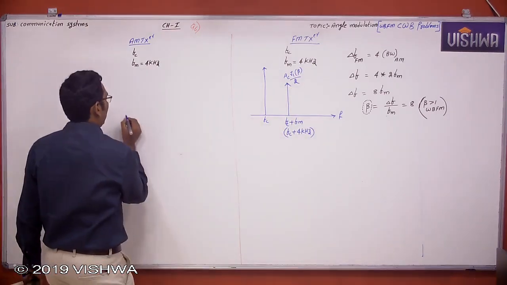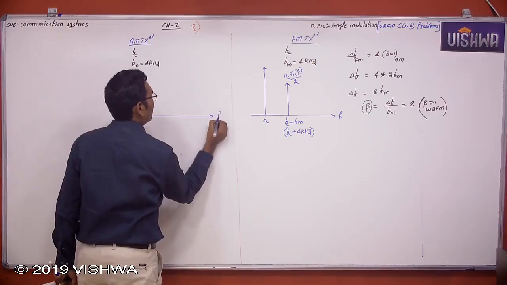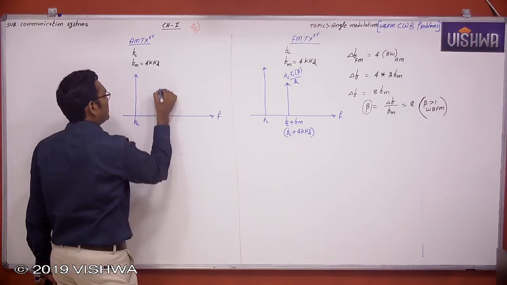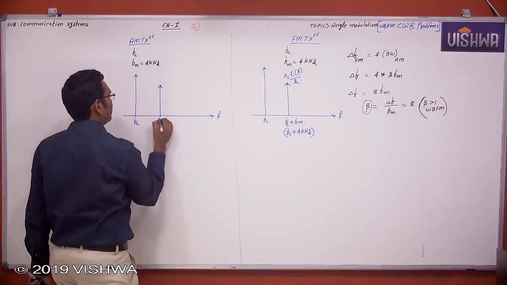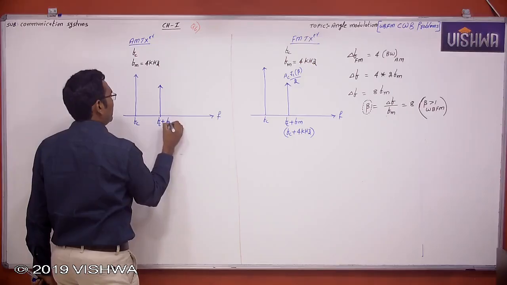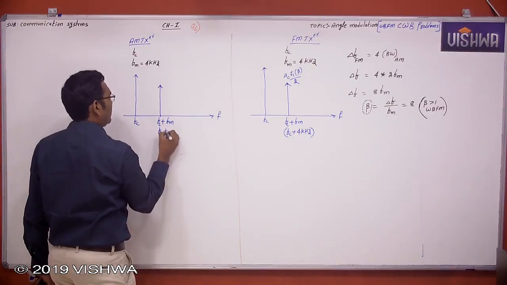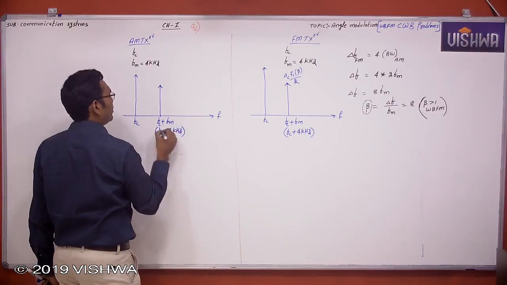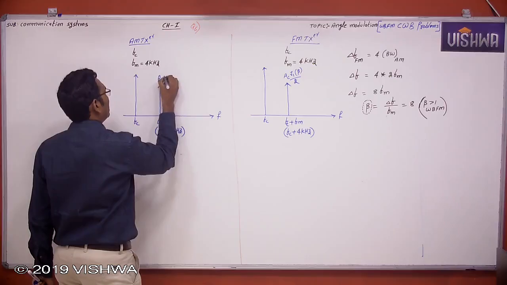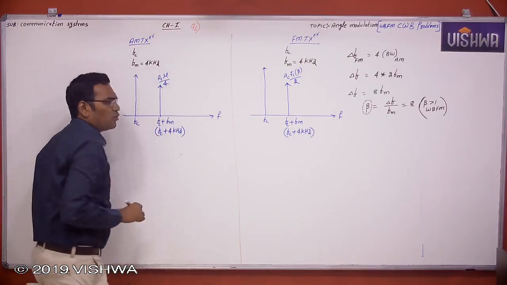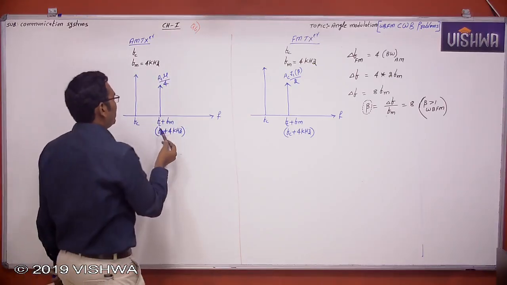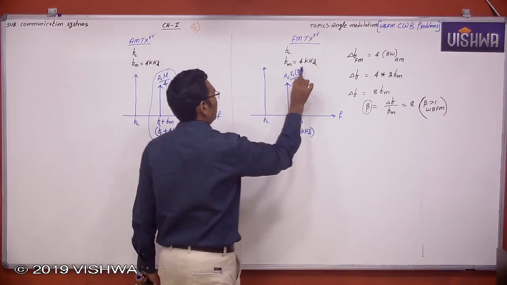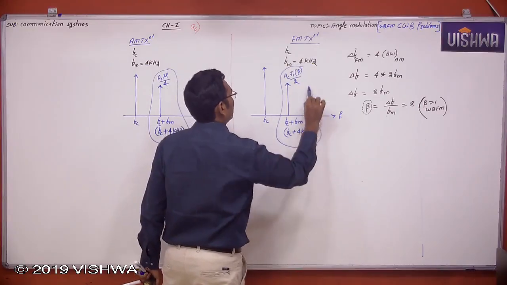Here it is fc, and this is fc plus fm, which is nothing but fc plus 4 kilohertz. In AM, the spectral amplitude of fc plus fm is Ac μ by 4. And in the question he mentions that the spectral amplitude of fc plus 4 kilohertz in AM and in FM are both the same.